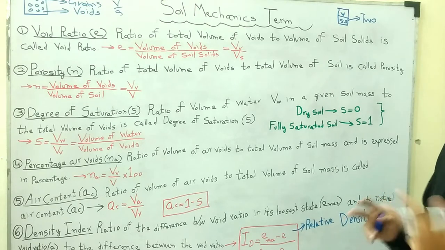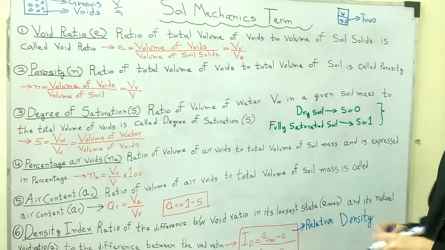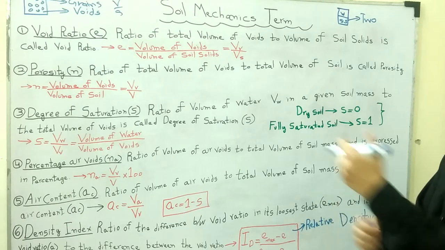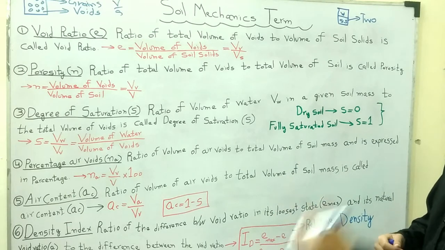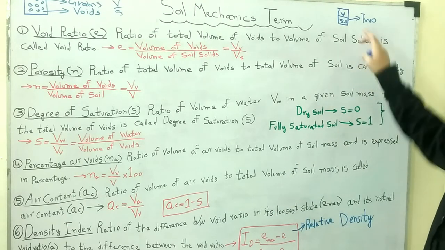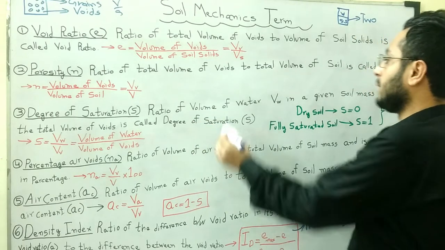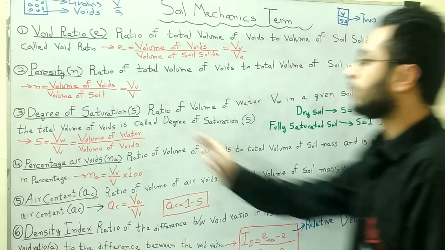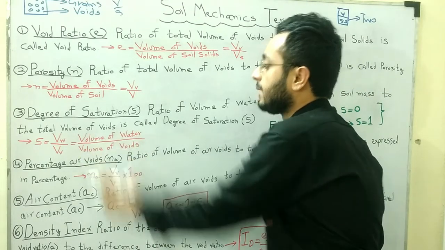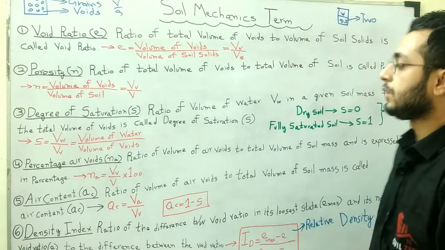There can be two things in the voids: air and water. In the case of fully saturated soil, the water is saturated up to its full limit, and it is represented by the two-phase diagram. So the ratio of volume of water in a given soil mass to the total volume of voids, volume of water divided by volume of voids, is simply the degree of saturation.